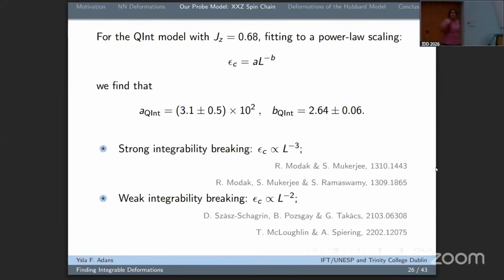Here we just break at first order, but you could add, for example, the second order deformation and see how it breaks. I think it could follow something. I think that the more terms you add, the closer it would be to the weak integrability breaking one, because it's the same thing. It's something that I cannot make integrable up to the whole thing, but the more terms are added, I think the coefficient will be closer to -2.